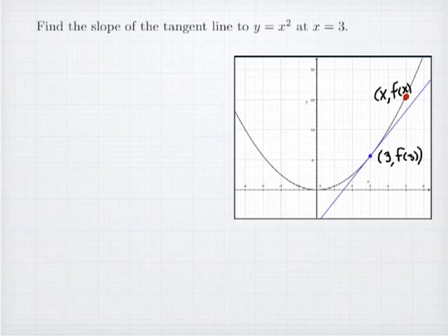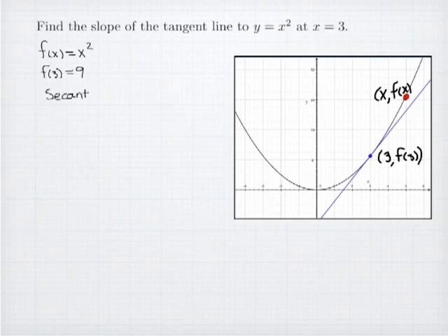Now, for our particular example, we know the formula for our function, f of x equals x squared. And so f of 3 equals 9. I can now create a formula for the slope of the secant line.